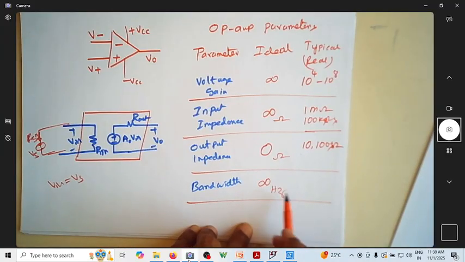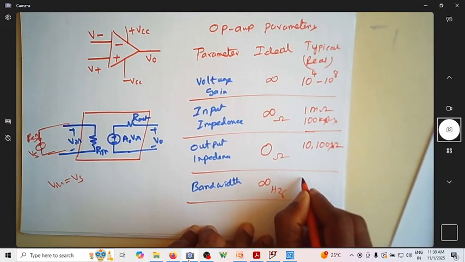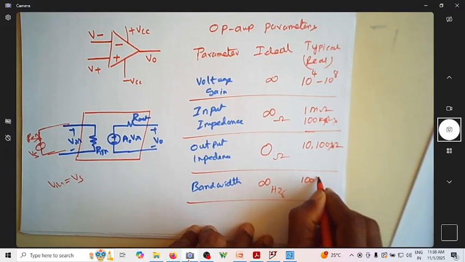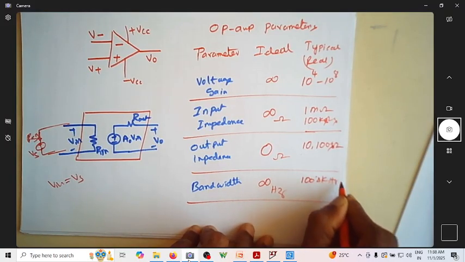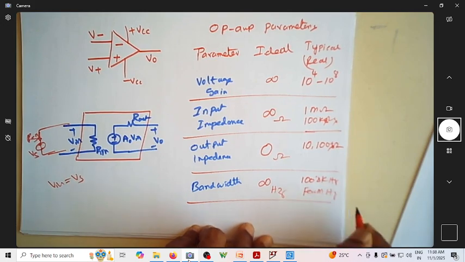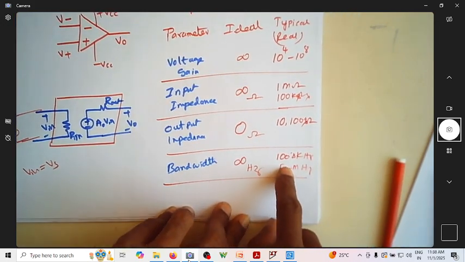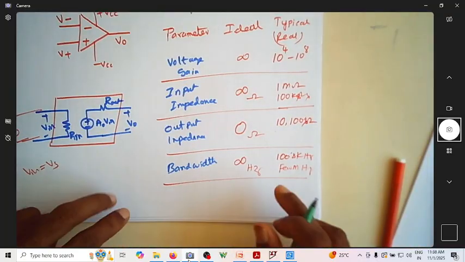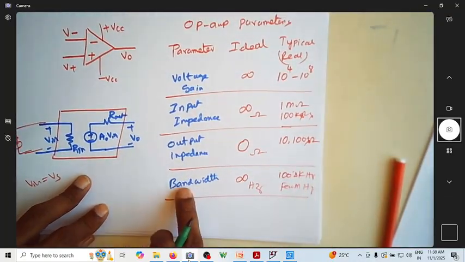So this should be infinite hertz, but typically it will be in terms of hundreds of kilohertz to a few megahertz. So this is the typical range of bandwidth.